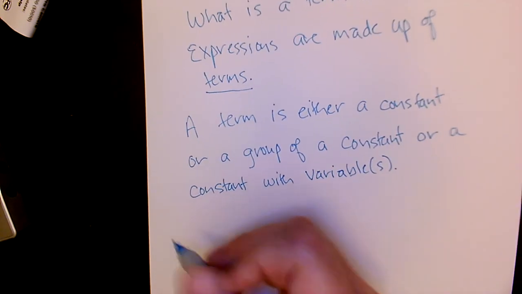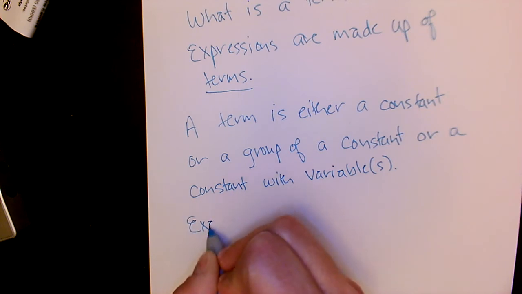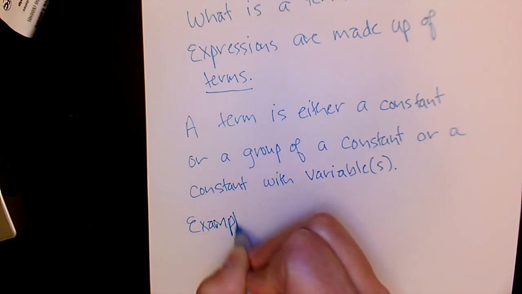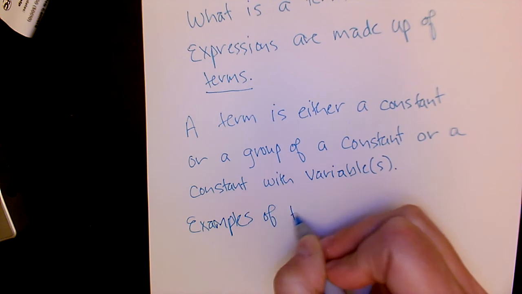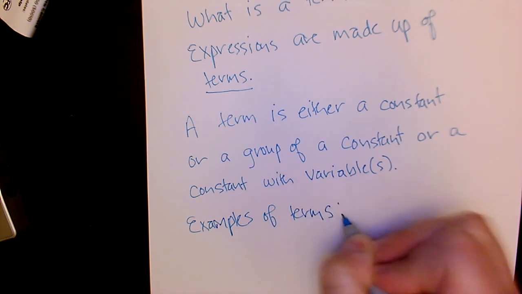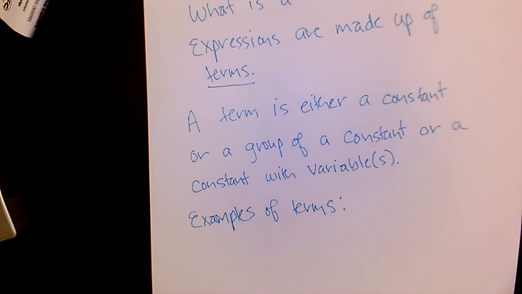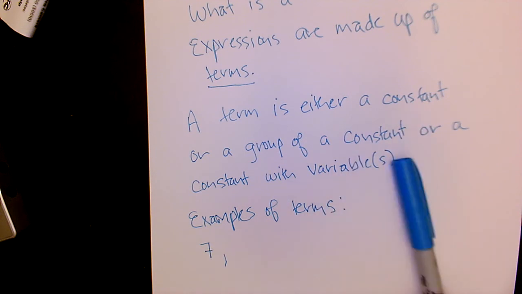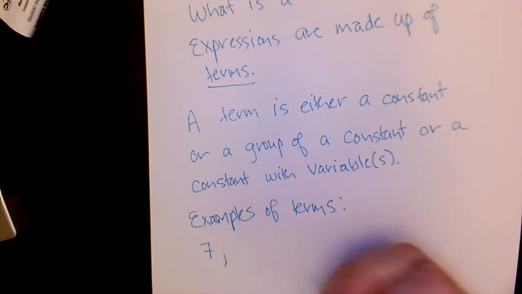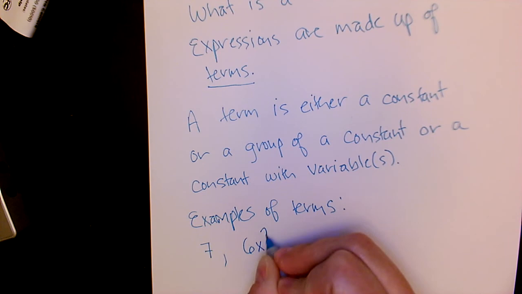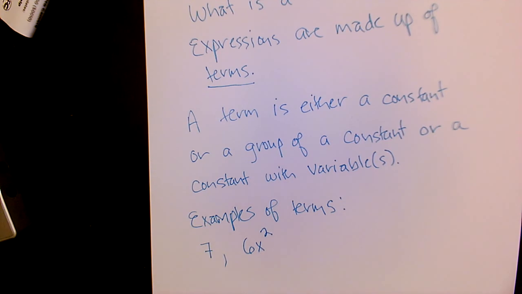So here's some examples of terms. 7 is a term, it's just a constant. It could be either a constant or a constant with some variables, and they're always being multiplied together. 6x squared is a term.